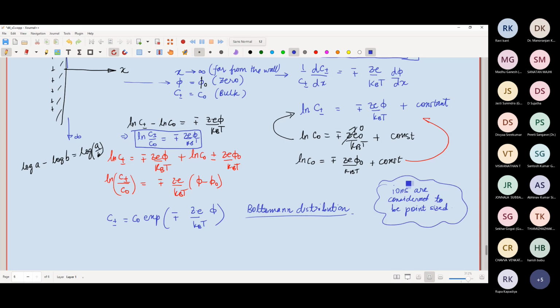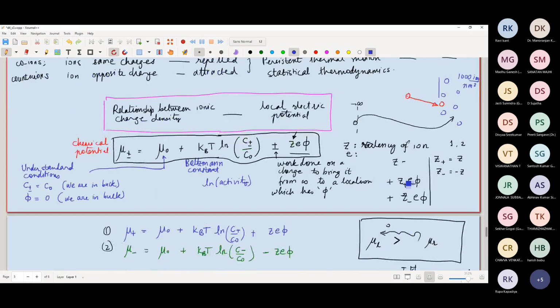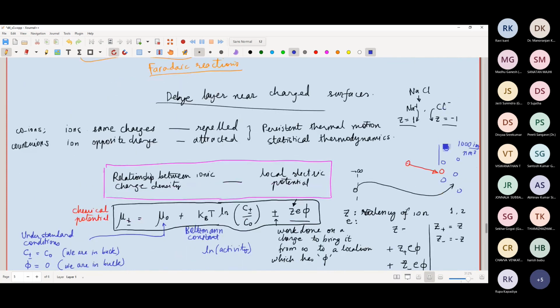This is very important. I've drawn them as ions over here, but if they are point sized, they're literally not occupying any volume. So pushing another charge from infinity into this volume is much easier.